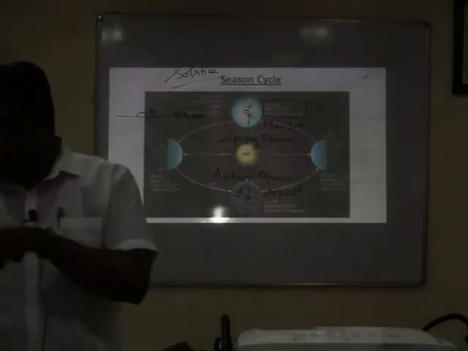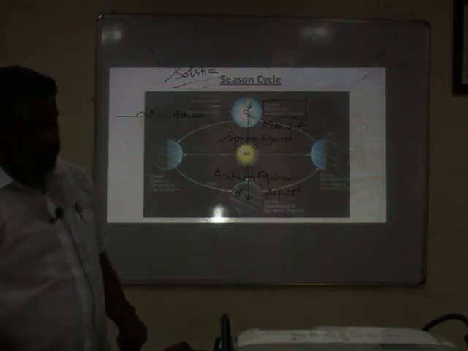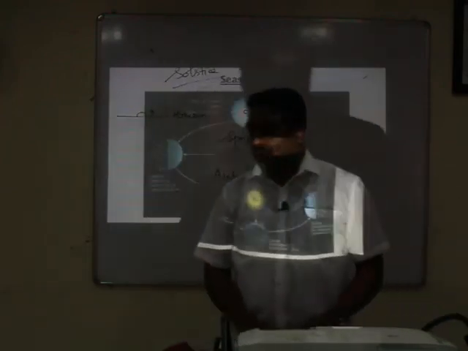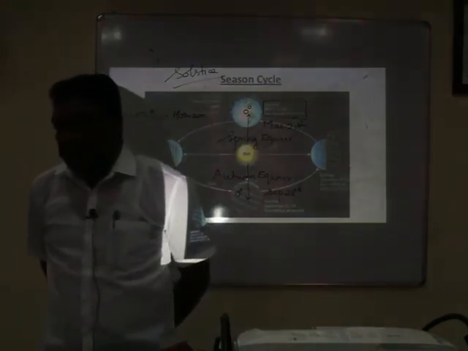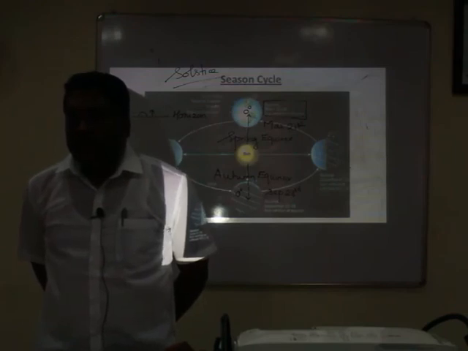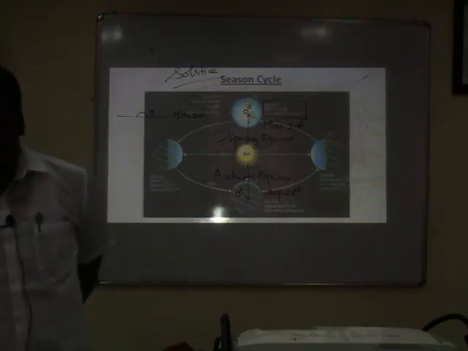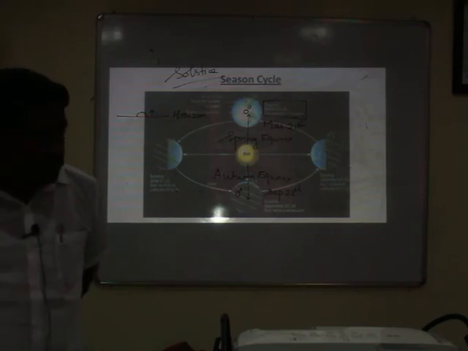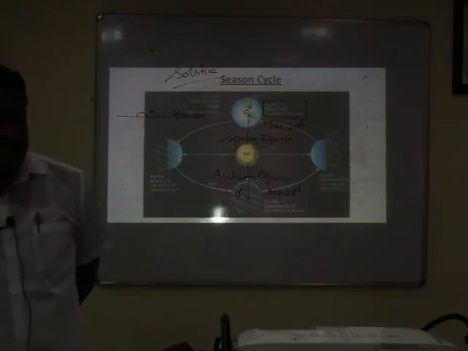On this day, the sun's vertical rays fall right over the equator. The entire earth experiences 12 hours of day and 12 hours of night.